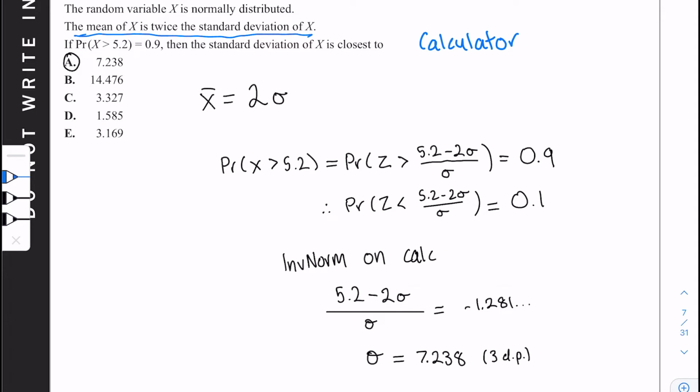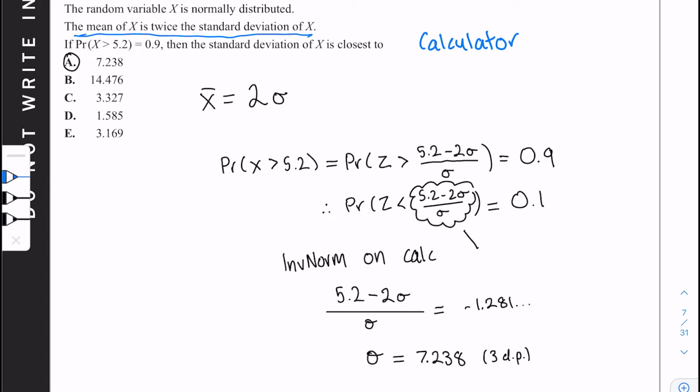So you have to recognize that this is an inverse normal question. So what probability it's equal to. So instead of doing it in terms of x, we're going to do it in terms of z, the standard normal variable. And then we have to find the probability that z is less than a certain standardized value.